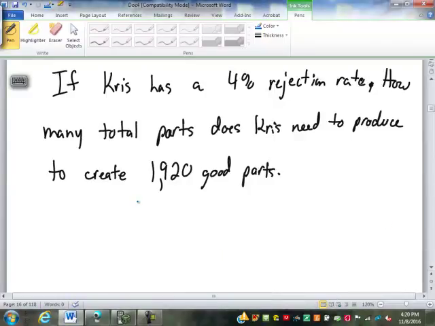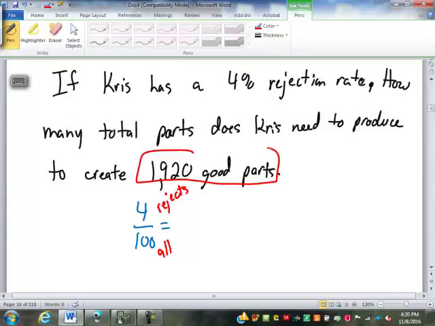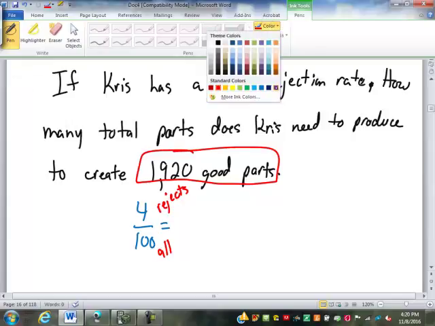So 4% is 4 out of 100. The 4 represents rejects, right? The 100 represents all parts produced, total produced. Up in the problem, however, we have 1,920 good parts. That does not represent either one of those numbers, does it? So what we have to look at is this.